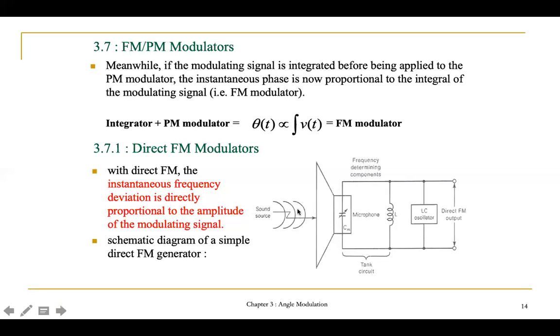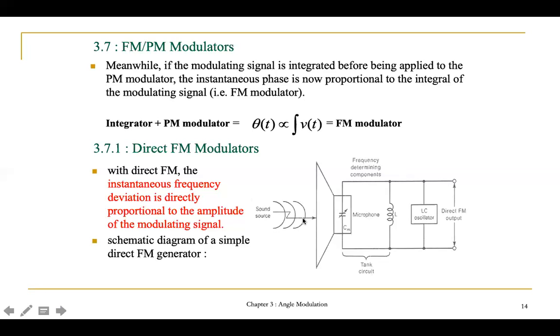So the frequency deviation is directly proportional to the amplitude of the modulating signal. This figure here is the schematic diagram of a simple direct FM generator.